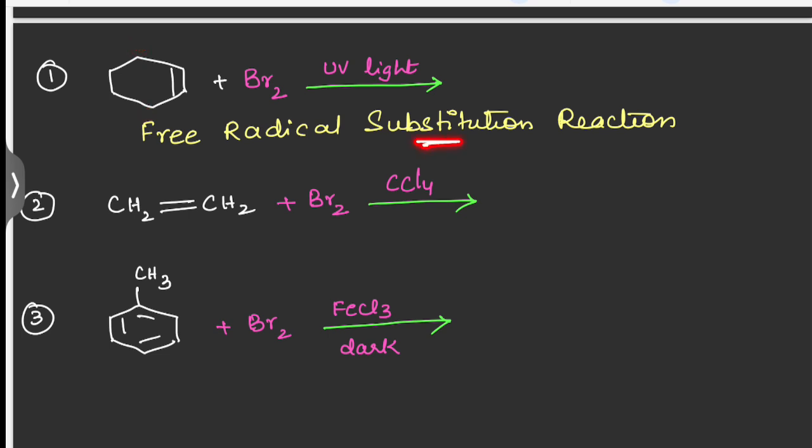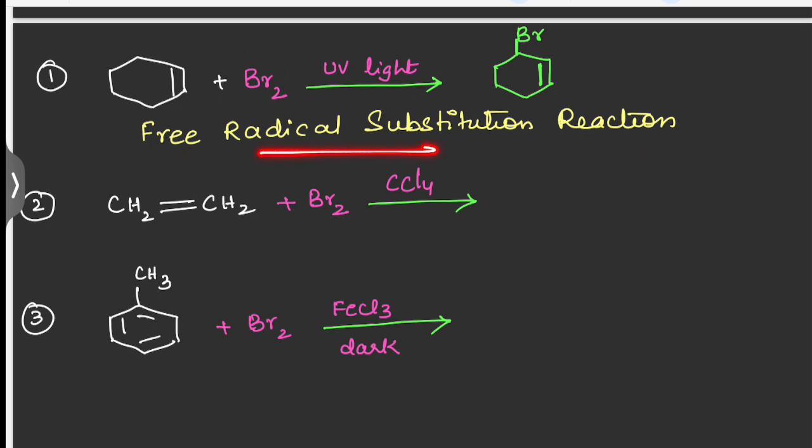Since it is substitution reaction, here hydrogen will be replaced with bromine. So the product here will be, you will write the double bond here and bromine will be attached here. So this is the product. This is how you should find out. Always remember, if it is bromine in the presence of diffuse sunlight, it is free radical substitution reaction.